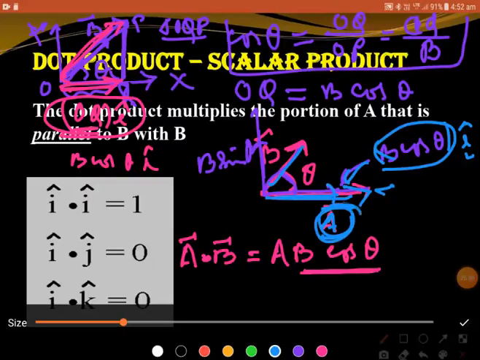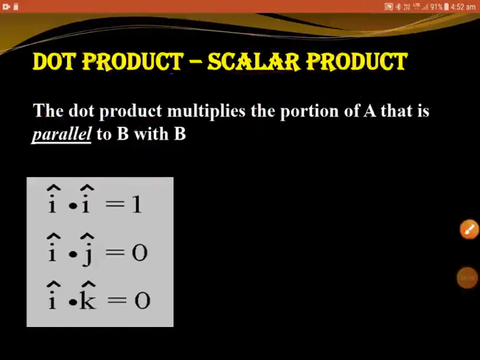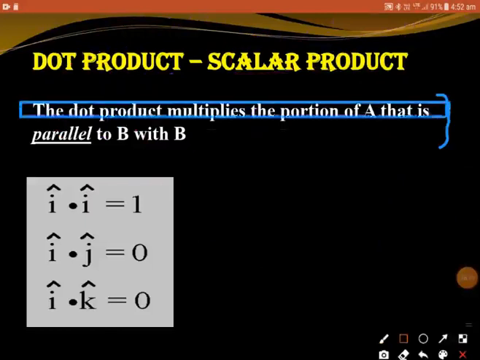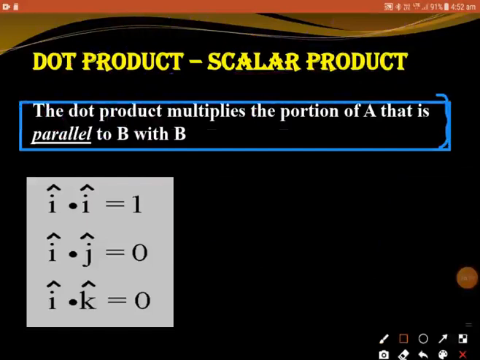So in the case of dot product, we multiply the portion of a vector and the other vector parallel to the given vector. Got it? That is what it means by this one.